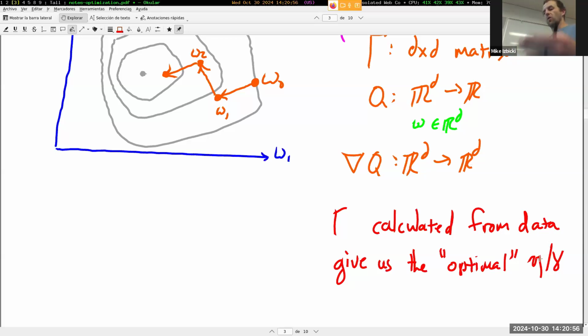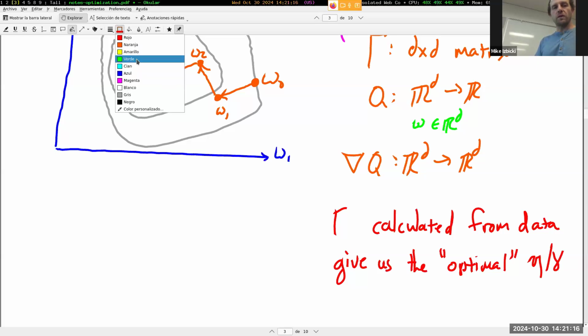Eta and lowercase gamma are hyperparameters selected by the user, and it can be hard to select these things. You can also use this matrix as an automated system that will select it for you, so you don't have to select it yourself.